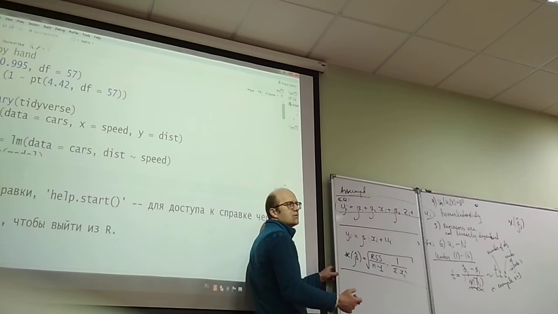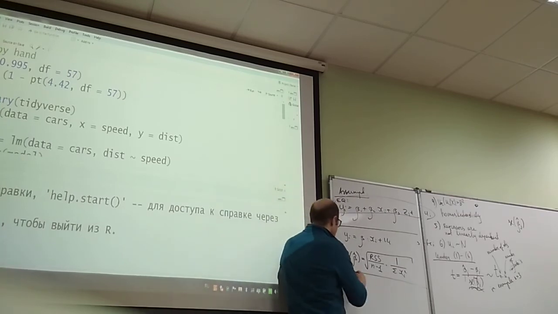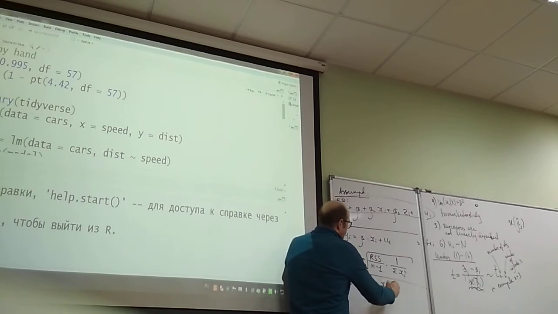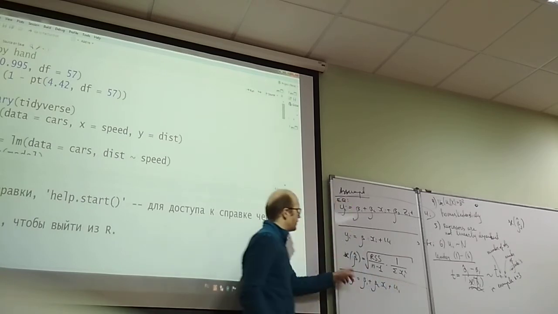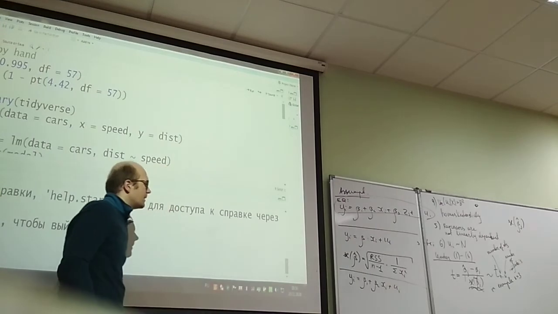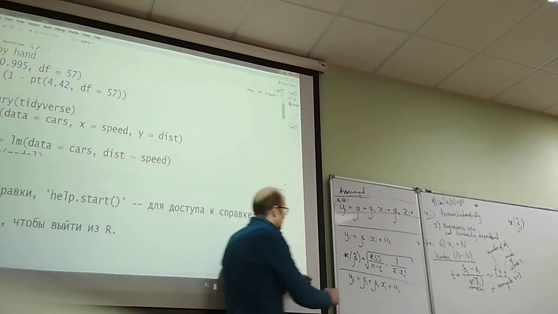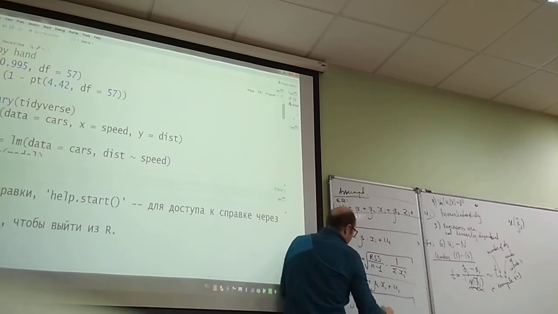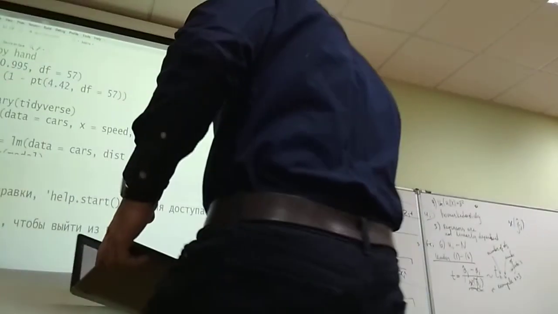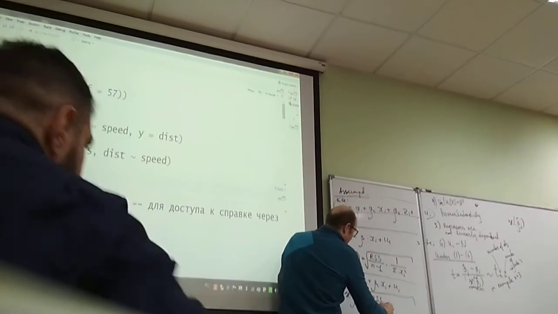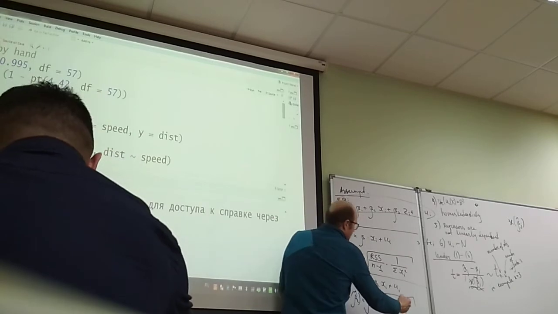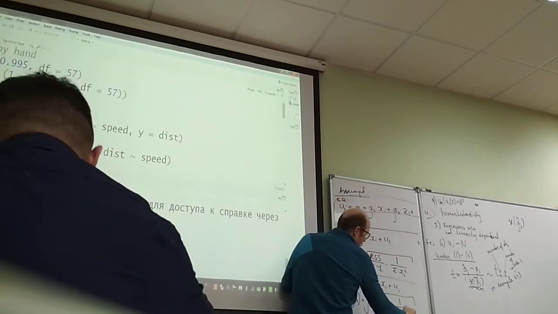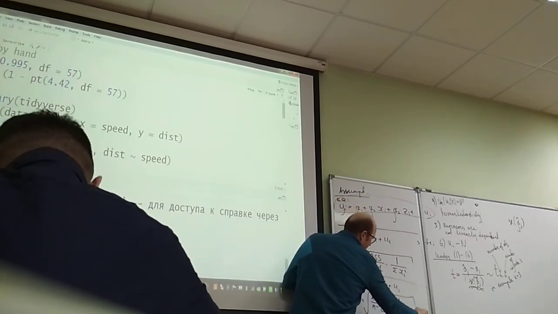In a more complex context, when you have bivariate regression, so you have beta 1 and beta 2, the standard error of beta 2 hat equals the square root of RSS divided by n minus 2 times 1 over the sum of x minus x bar squared.